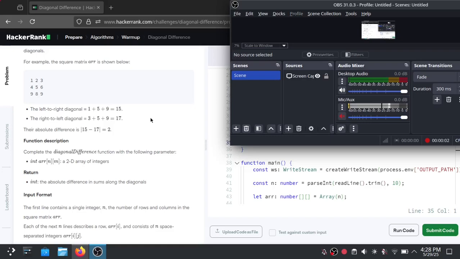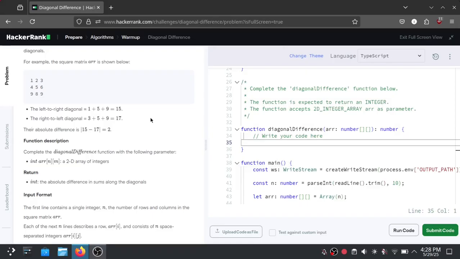Hello everyone, I am Alfian and today we are going to solve the Hackerrank form of our algorithm challenge called the diagonal difference.